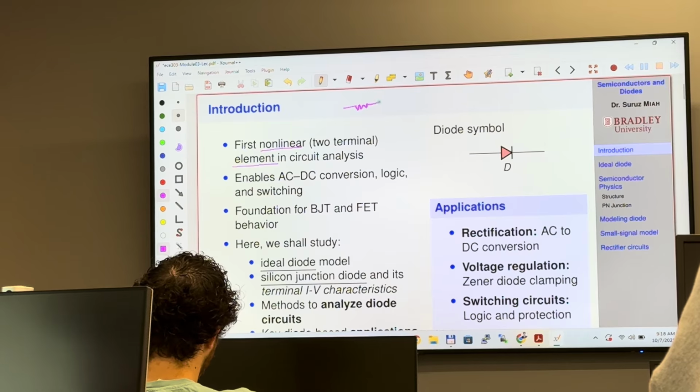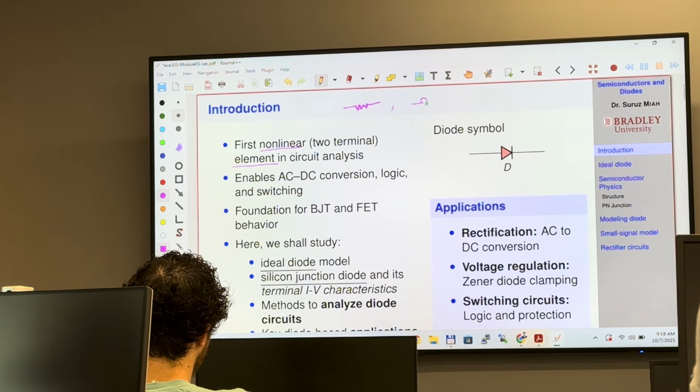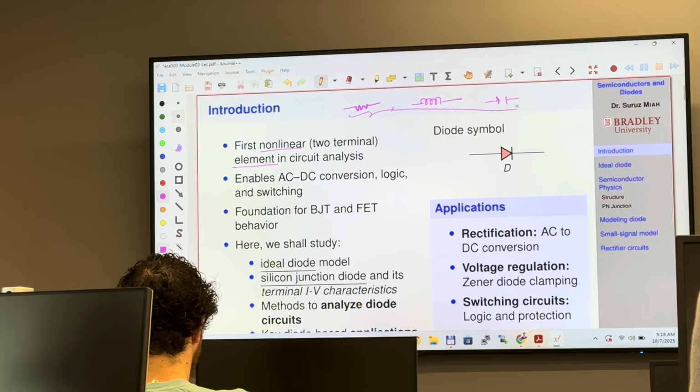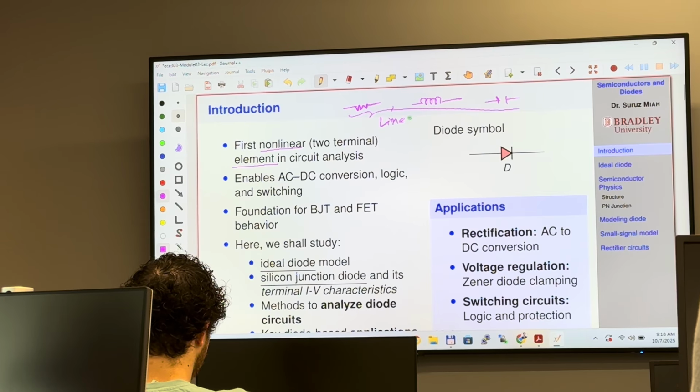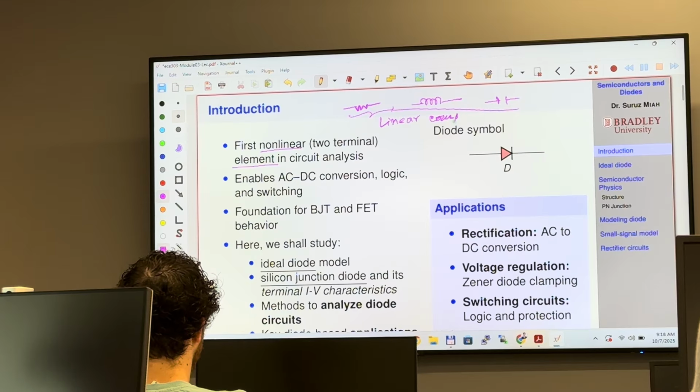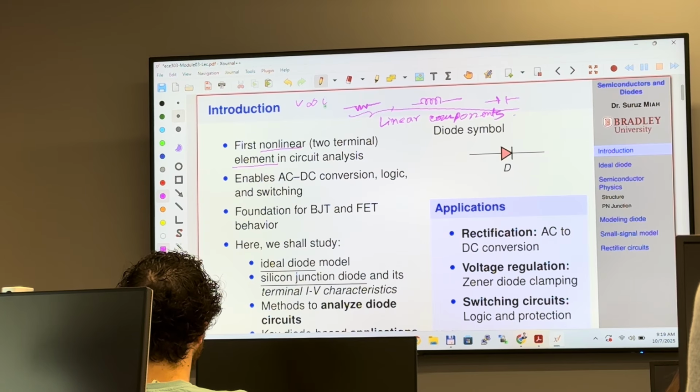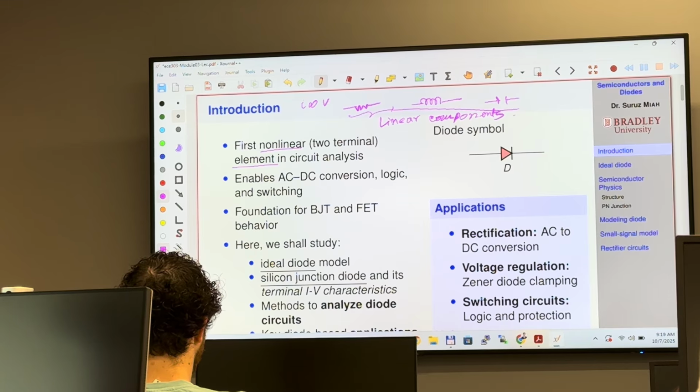Resistor, inductor, capacitor, these are linear components, which means that V is proportional to I, or I is proportional to V. For these devices, the voltage current relationship is proportional.